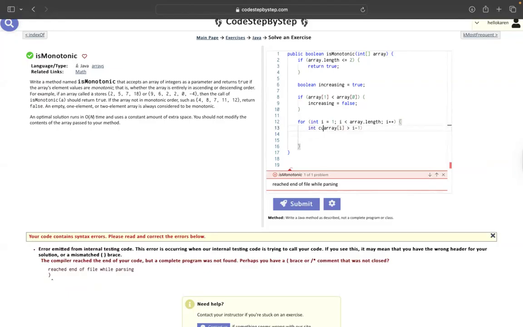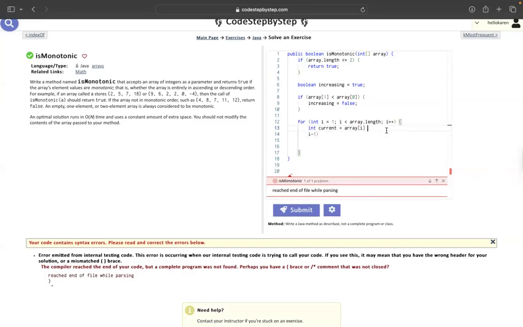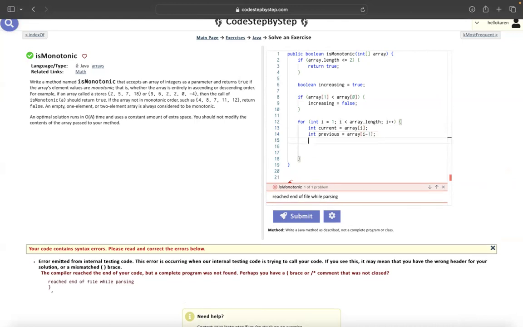So this will help us not get confused by the naming.